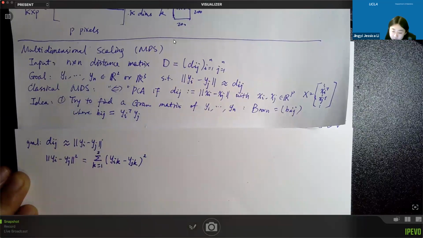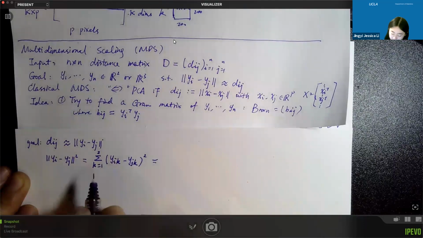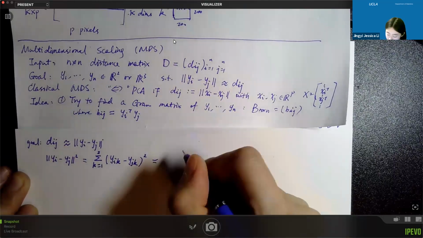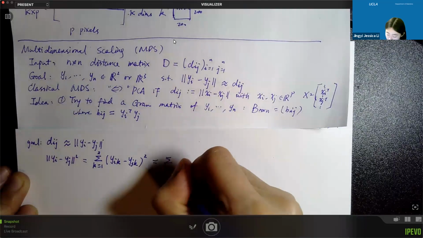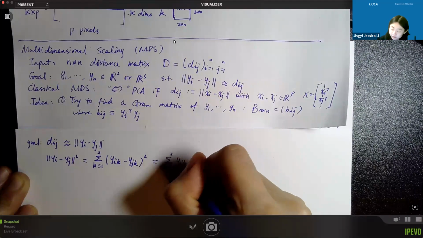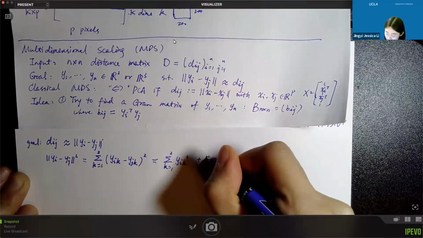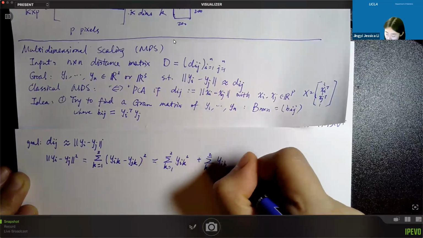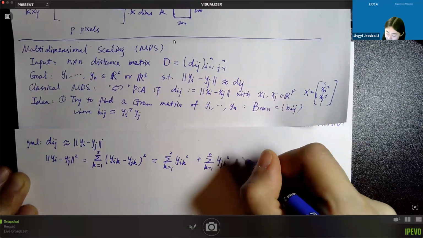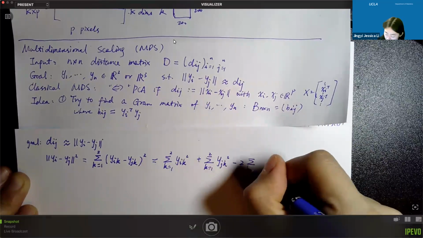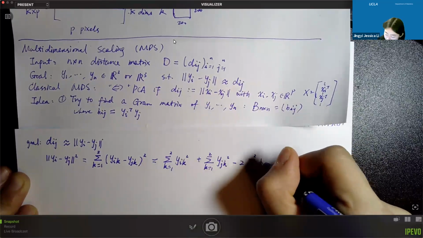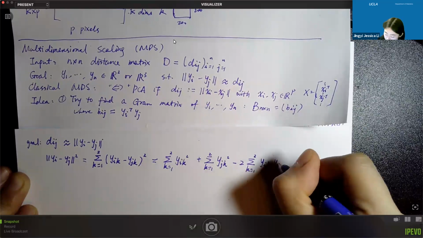And we can actually show that we can open this square difference and write it as the sum over K from 1 to 2 of yik squared, plus the sum over K from 1 to 2 of yjk squared, okay? And minus 2 times the sum over K from 1 to 2 of yik times yjk.